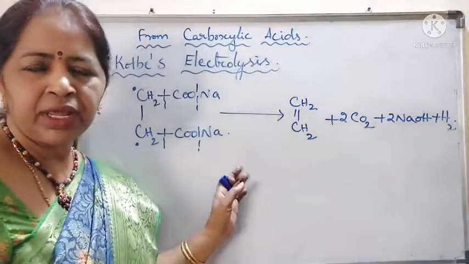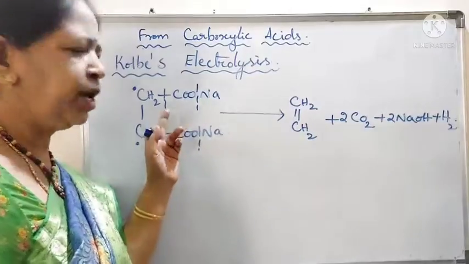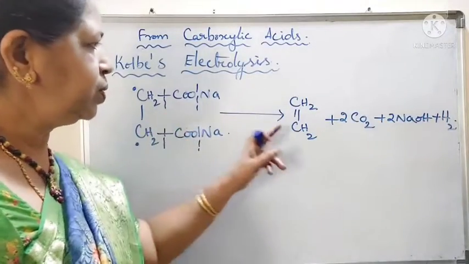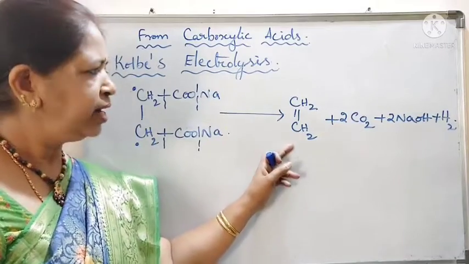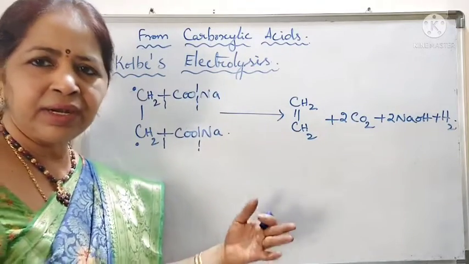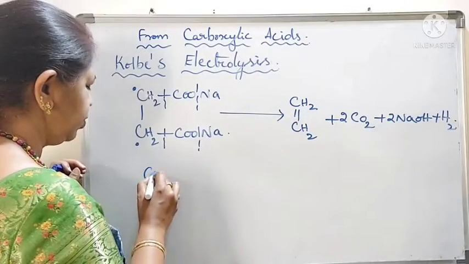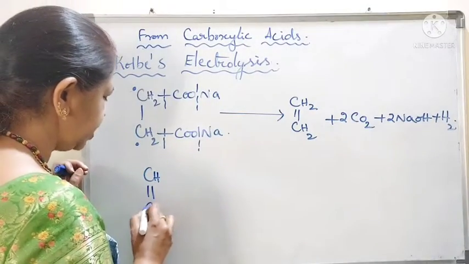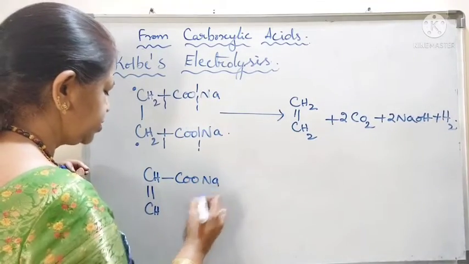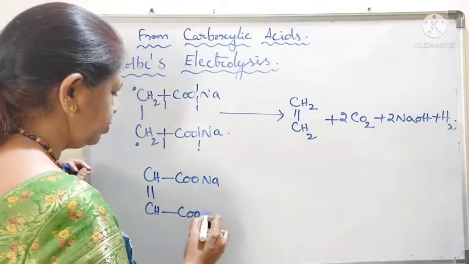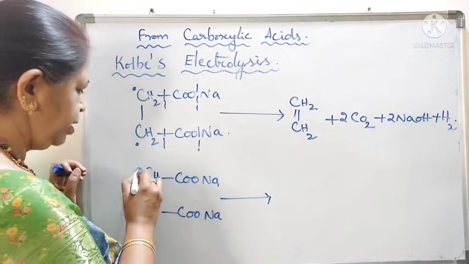Here, instead of taking 2 molecules like in alkanes, we will take only 1 molecule, and we get only 1 molecule of alkene. And in a similar manner, we can take an unsaturated dicarboxylic acid. If we take an unsaturated dicarboxylic acid, what do we get, students? Can you predict? We get an alkyne.